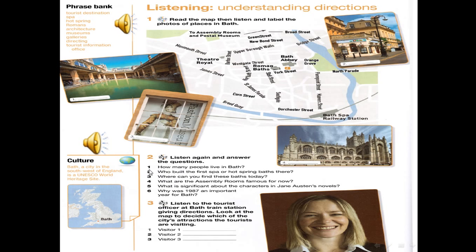Right? Number 1, question. How many people live in Bath? The answer, 83,000. 2. Who built the first spa or hot spring baths there? The answer, Romans. 3. Where can you find these baths today?